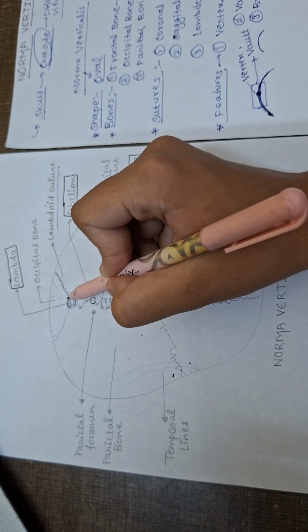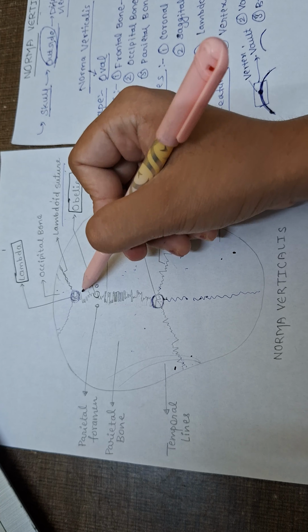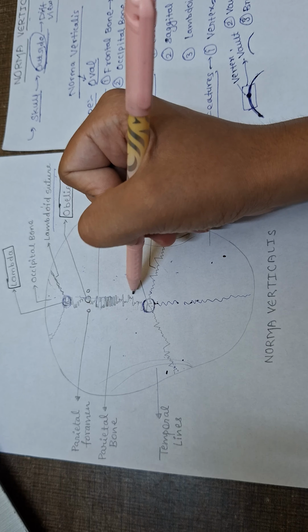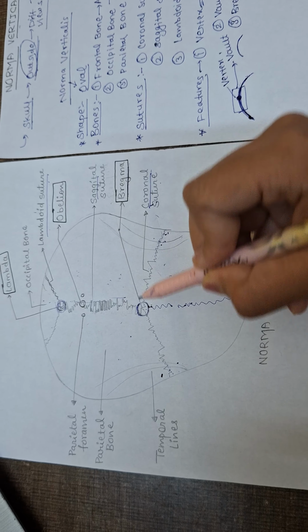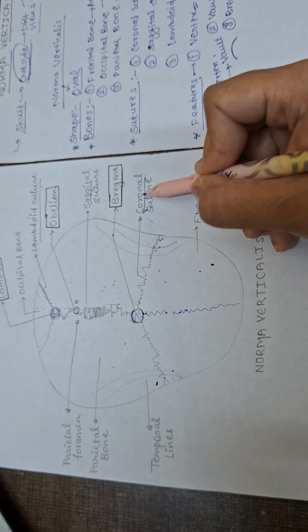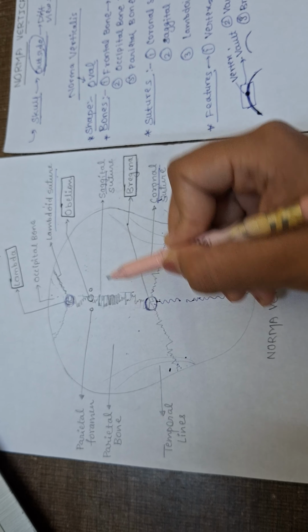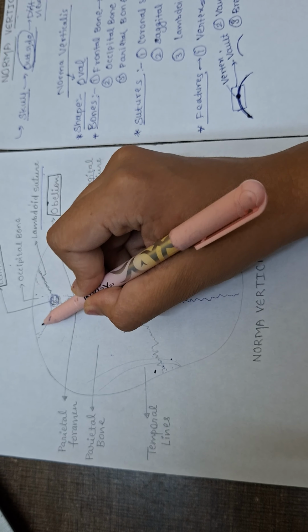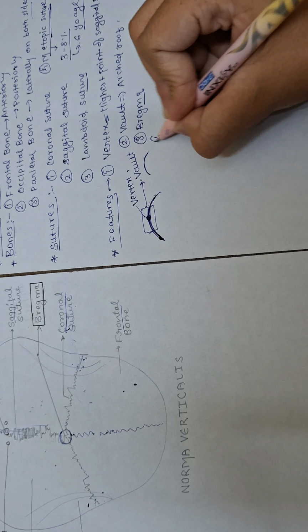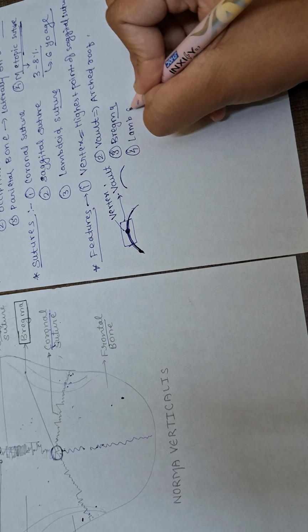The lambda is the meeting point between the sagittal suture and your lambdoid suture. So repeating again, bregma is the meeting point of the coronal suture and sagittal suture, and your lambda is the meeting point between the sagittal suture and the lambdoid suture. We have bregma, we have lambda.